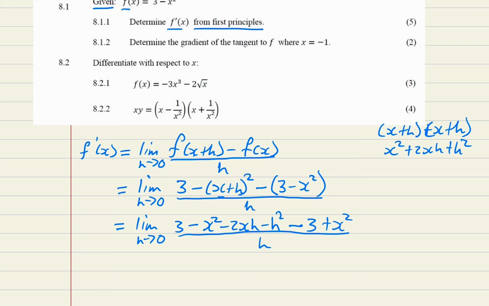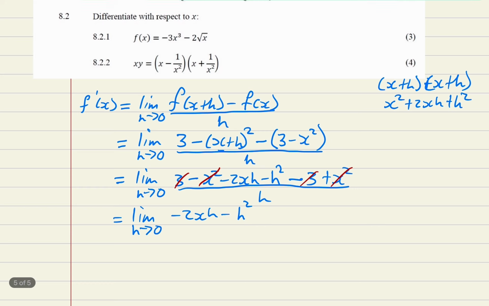Now I can see that this and this cancel out, and this cancels out. Then I'm left with the limit as h approaches 0 of negative 2xh minus h squared, all over h.